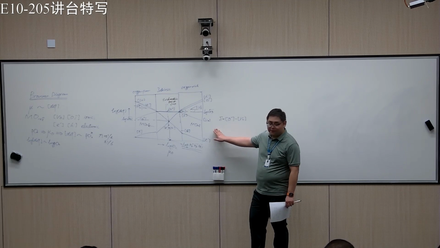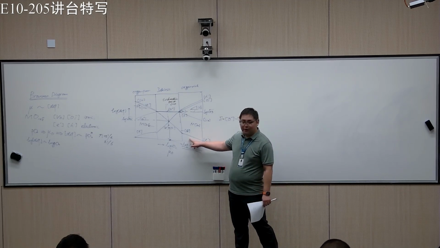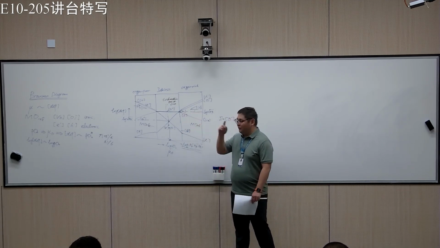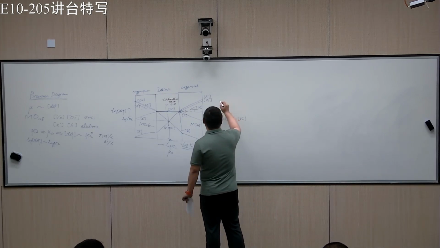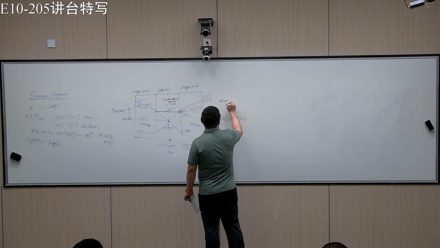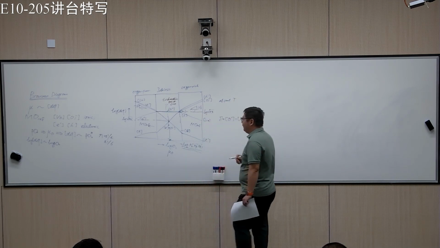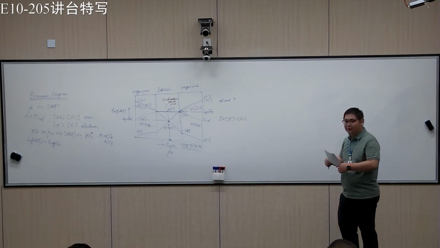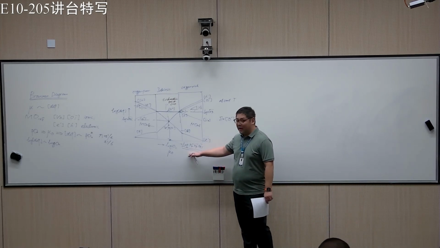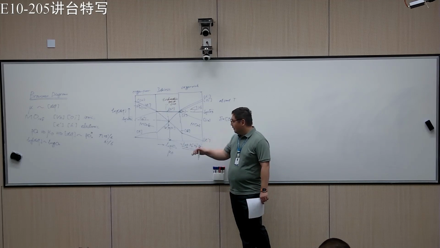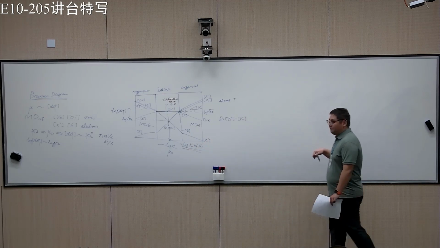If you have this, you know where you are. If you change your PO2, you know where you are. Of course, imagine that this is at constant temperature. If you change the temperature, you get a different Bower diagram, because you have a different set of constants. Remember, these things are a function of temperature.